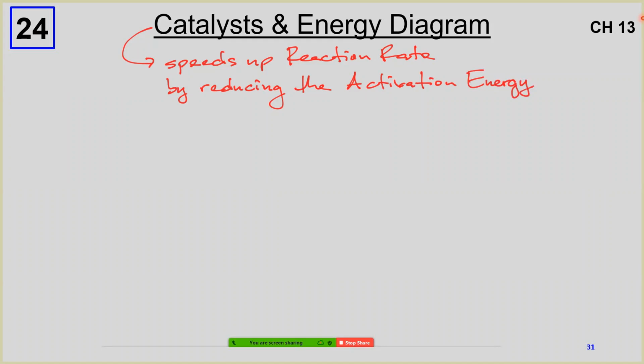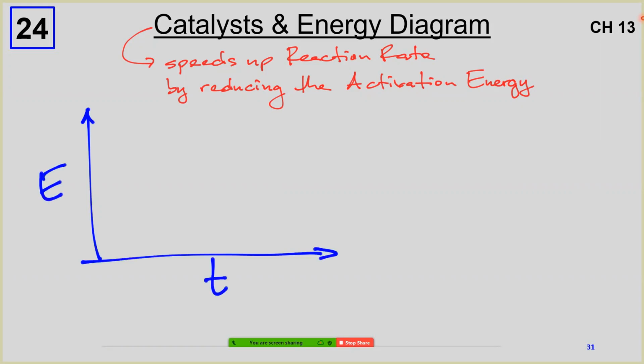All right, so what would the energy diagram look like between a catalyzed reaction and uncatalyzed reaction? Let's take a look. So again, here's our energy diagram. Time on the x-axis, energy on the y-axis.